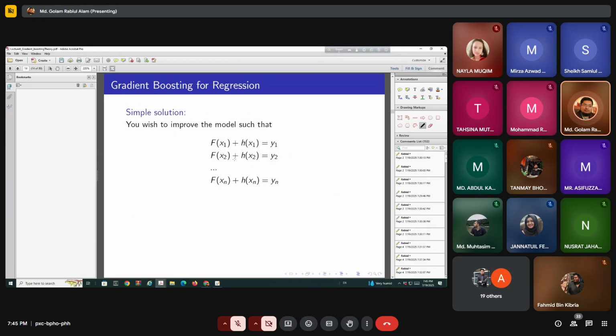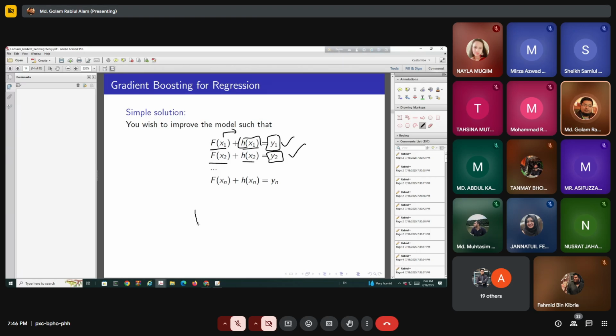So if we build a new model based on the errors of the previous one, model H, then F of x1 plus H of x1 will return y1. That is correct. Similarly, for x2, F of x2 plus H of x2 will return y2. Sometimes we may not get y1, y2 exactly.